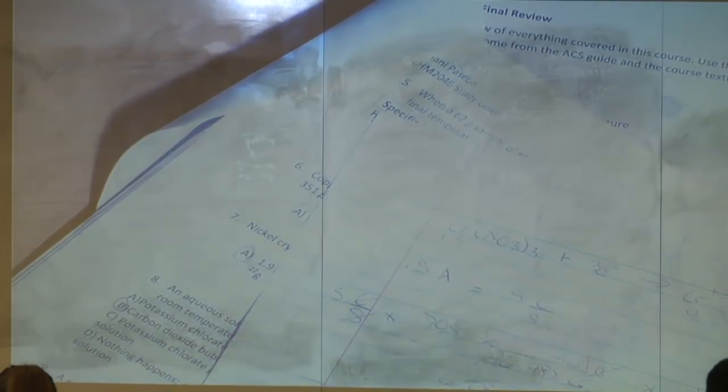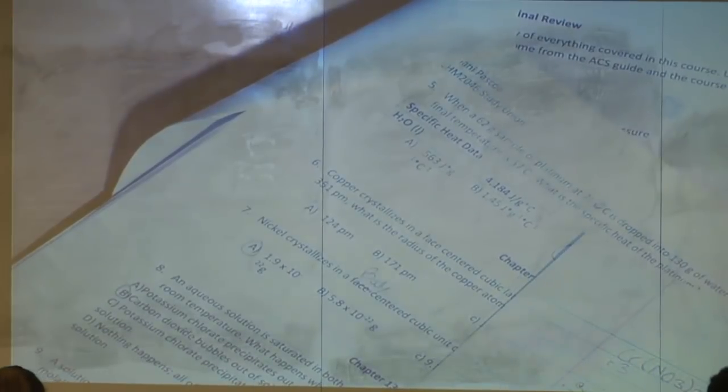So for number 7, we need the molar mass of nickel, and we're going to divide it by Avogadro's number, and then we're going to times it by the atoms per unit cell. Is there an equation for that? Molar mass divided by Avogadro's number is in grams.